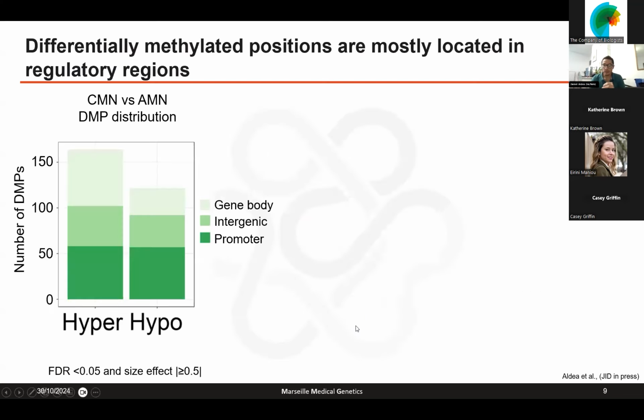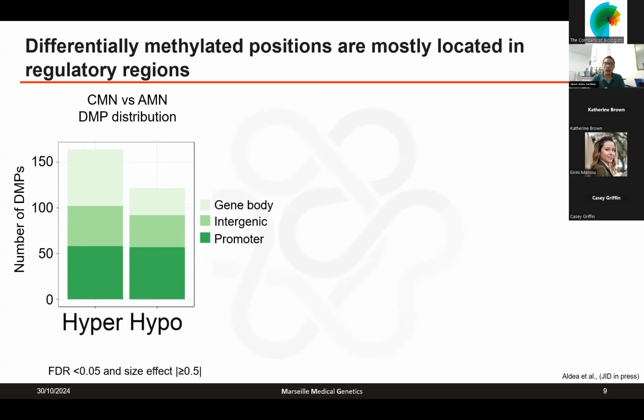So next. We then wanted to look at which are the differentially methylated positions between CMN versus AMN. And we observe that most of the DMPs were located in intergenic or promoter regions, which are regulatory regions.